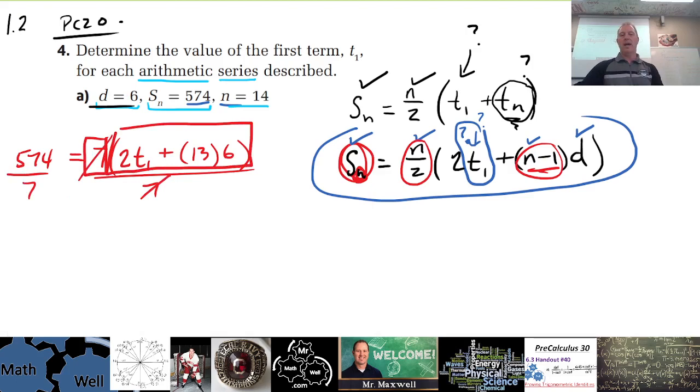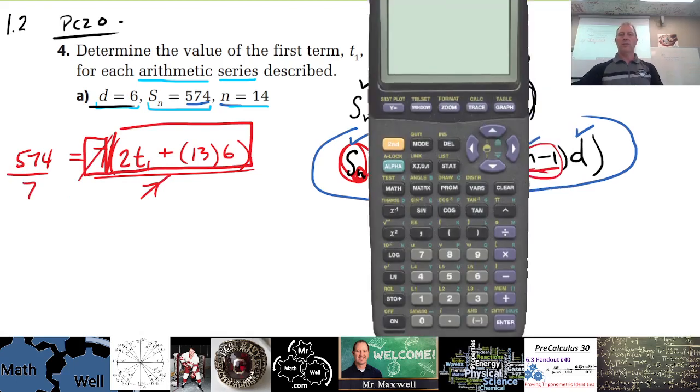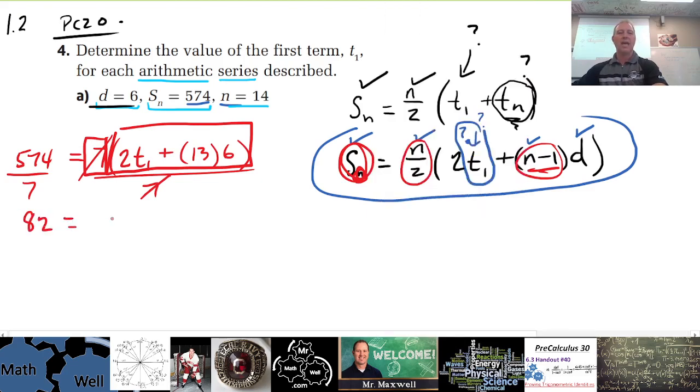I would suggest that. So let's get our calculators out. 574 divided by 7 is 82, awesome. So 82 equals, I got rid of the 7, so all I have left is 2T1 plus 13 times 6, which is 78. Good.